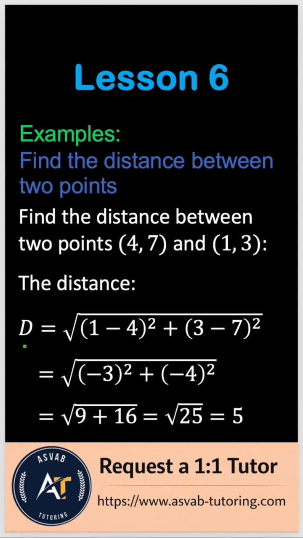So the distance is the square root of (1 minus 4) whole squared plus (3 minus 7) whole squared. So 1 minus 4 gives us negative 3 and 3 minus 7 gives us negative 4. So negative 3 whole squared gives us 9 and negative 4 whole squared gives us 16. The square root of 9 plus 16 equals the square root of 25, which is 5.